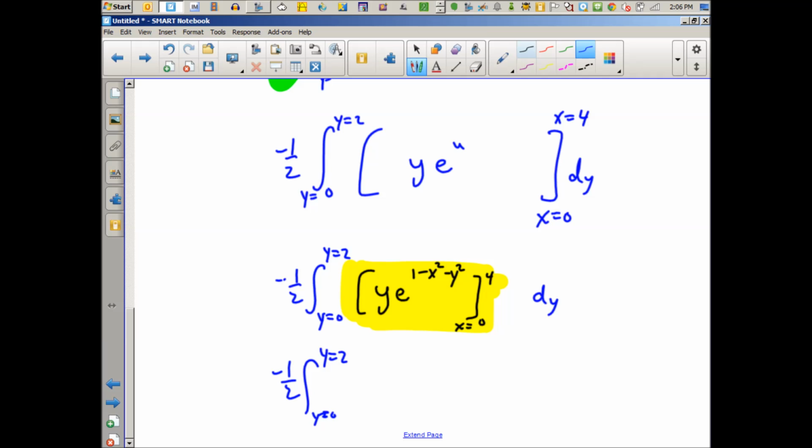If I plug in 4 for x, it's going to read y e to the negative 15 minus y squared. And if I plug in 0 for x, it's going to read y e to the 1 minus y squared.